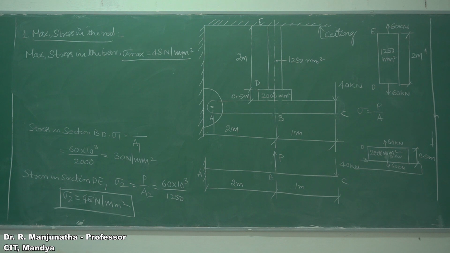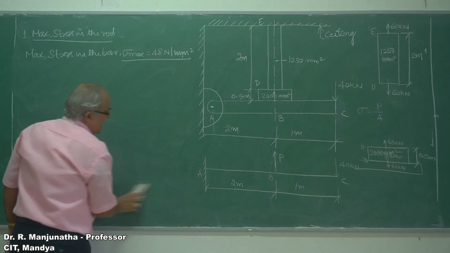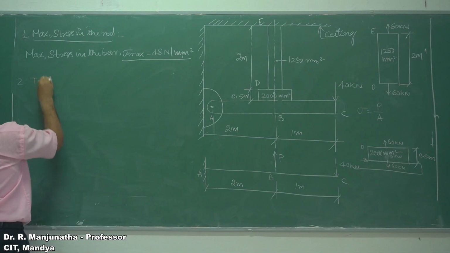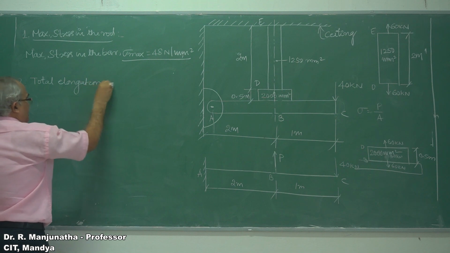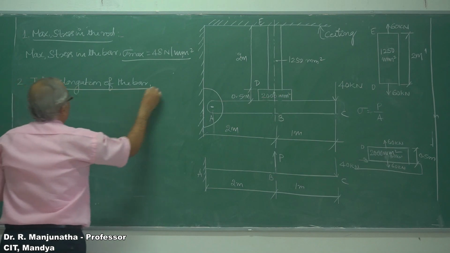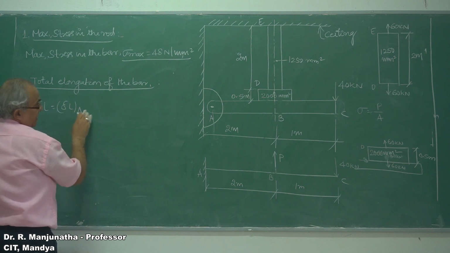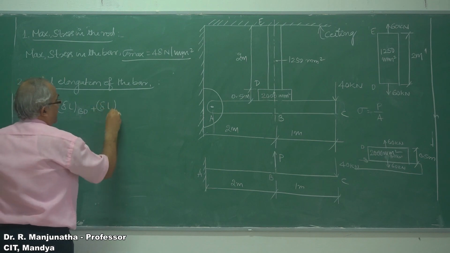Now we are going to consider the second part of this problem, which is the total elongation of the bar. The total elongation of the bar, delta L, will be equal to delta L of AB, delta L of BD, plus delta L of DE.